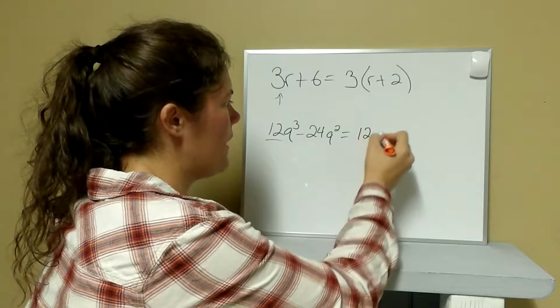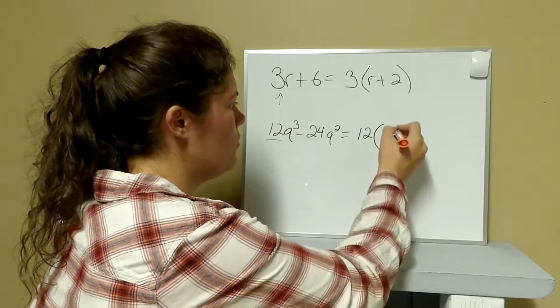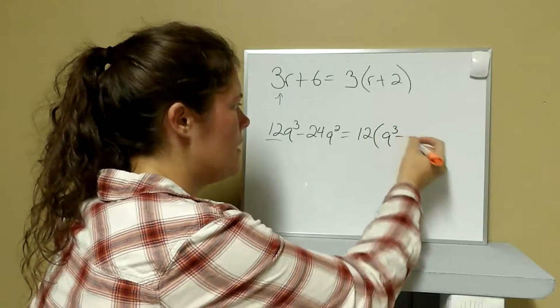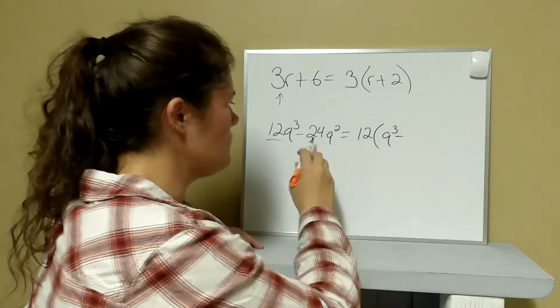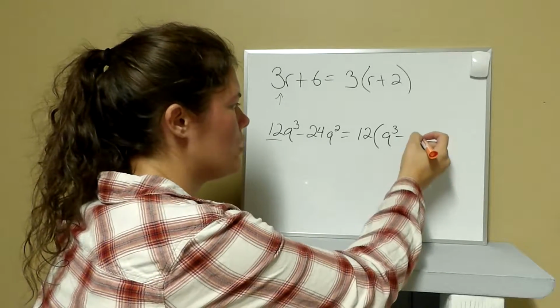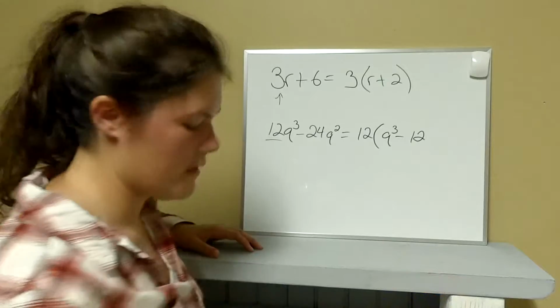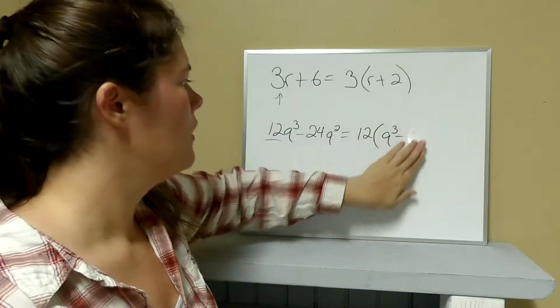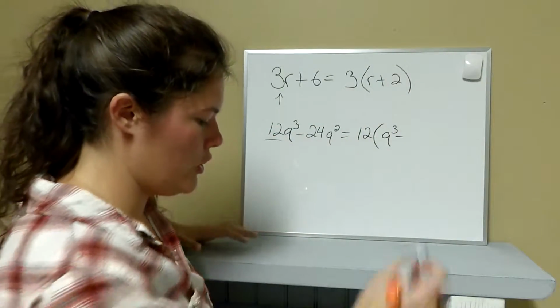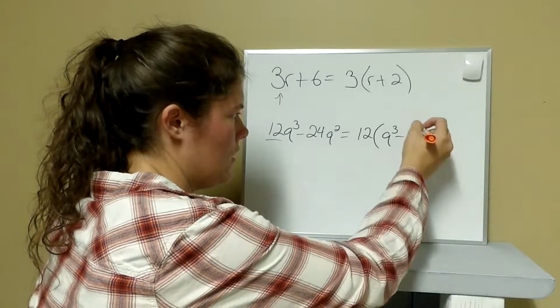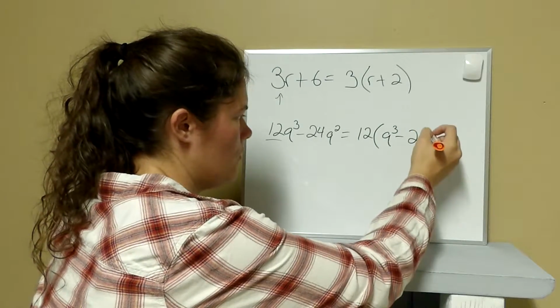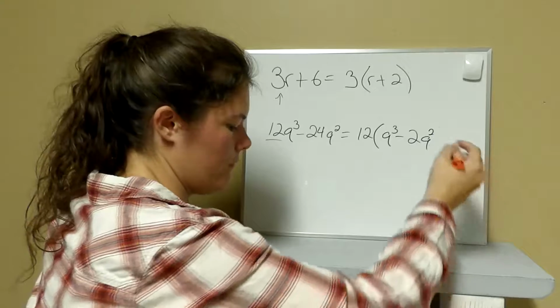So you take 12 out, and then you do q cubed minus, now you would divide that in half, so it would be 12, wait, sorry, just kidding, not 12. 2q squared.